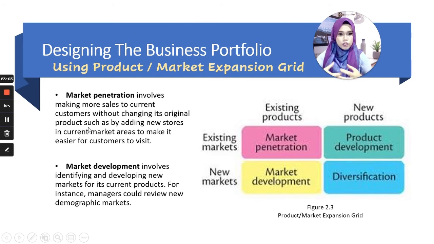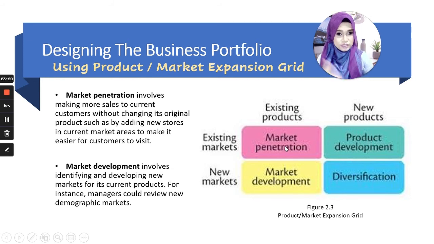Perhaps you go into online selling, whereby people do not need to just go to your store to buy the product, but now they can also buy online. So that could be what you do by doing market penetration.